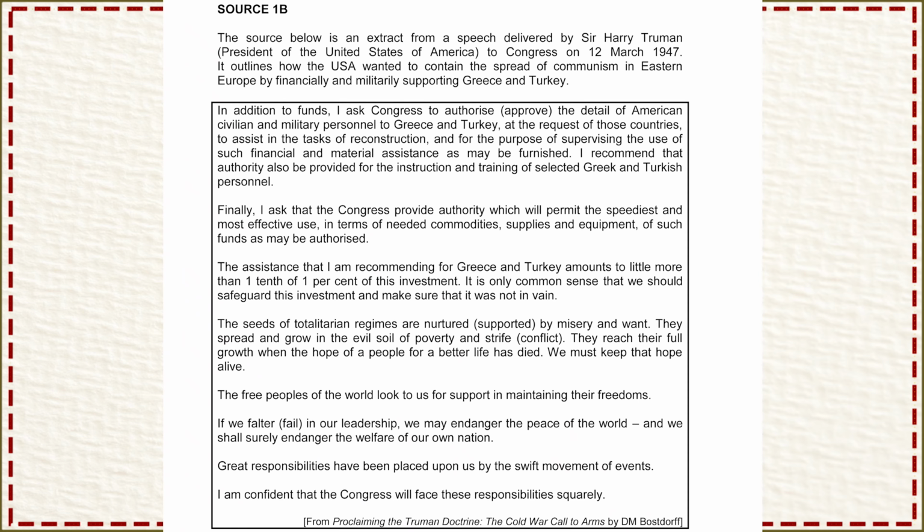He argues that poverty and hardships are what allow totalitarian regimes to take root, and he frames American support as a moral duty, protecting the free peoples of the world and keeping hope alive for a better life. This is ideal for practicing all four MURL skills, so let's get into it.